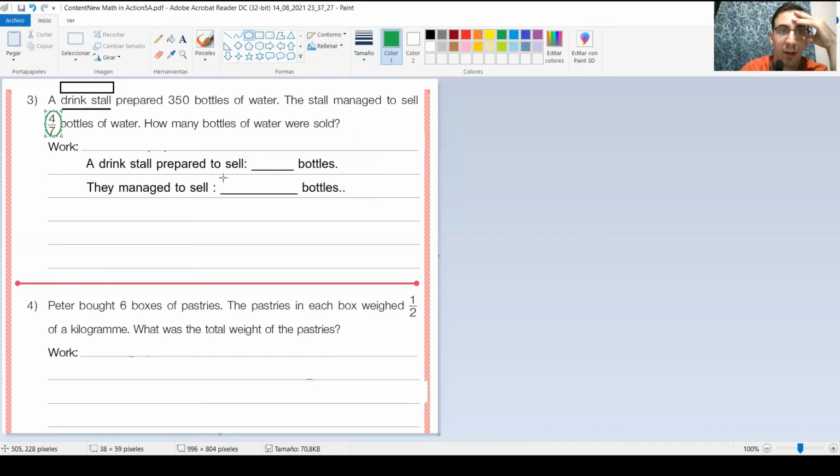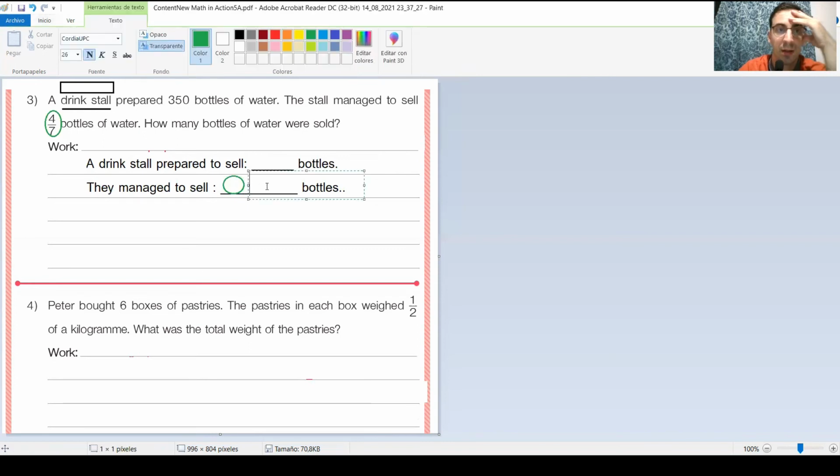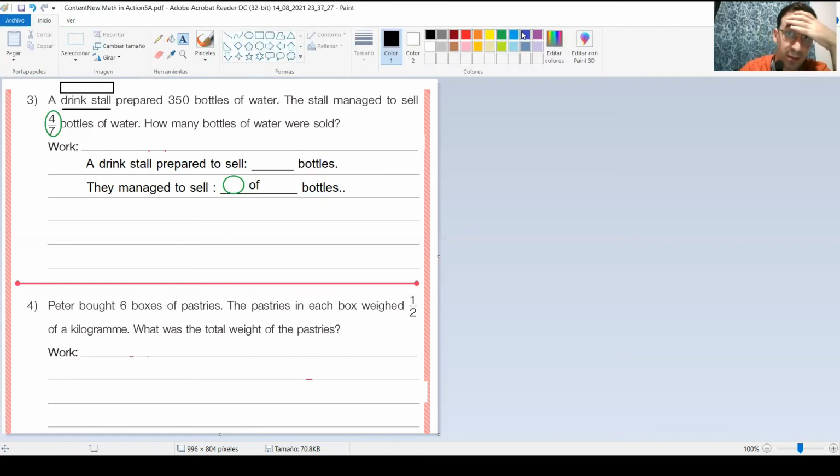Okay, this of this. Okay, so this is the operation you need to solve.